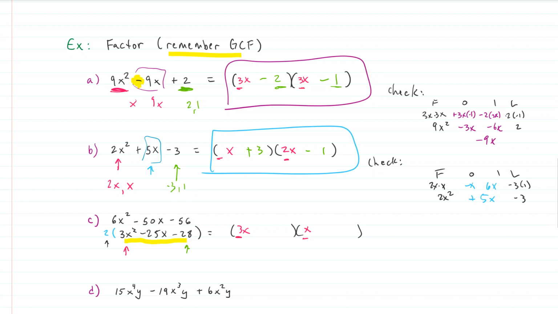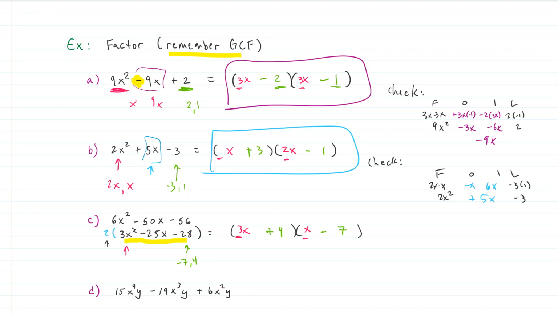How does that sound? 7 and 4 gives us 28. 14 and 2 also gives us 28, but we'll see how 7 and 4 works. And we need a negative in here, so let's say 7's negative. So 3x minus 7. No, let's do 3x plus 4, and x minus 7.